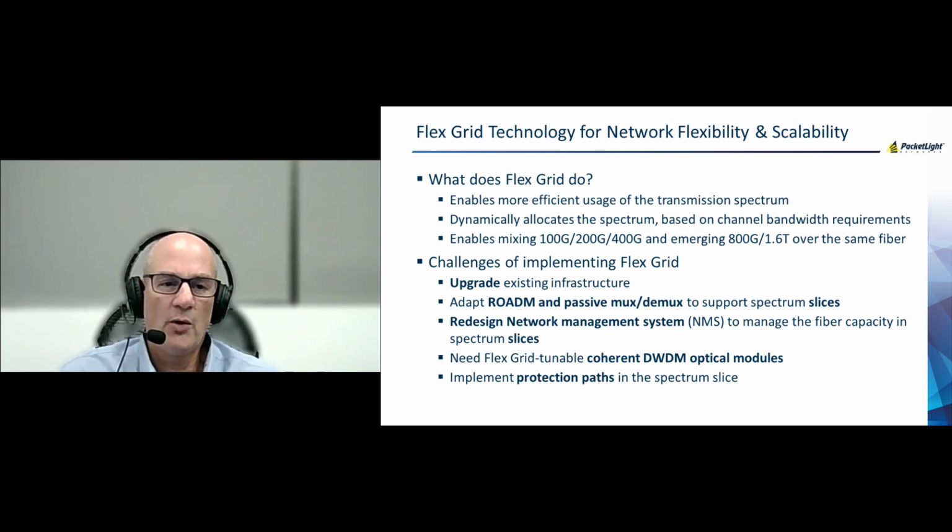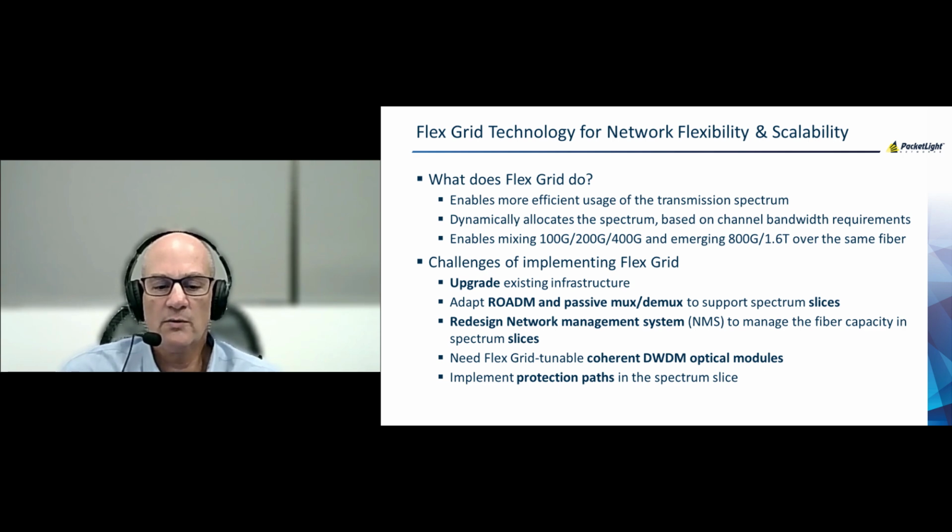I'm now going to go over some technologies which enable us to migrate the current networks, which are sub 800 gig, let's say up to 400 gig, moving forward toward 800 gig, 1.6 tera and beyond. For doing that, there is flex grid technology, which enables us to look at the spectrum of the C-band. The C-band is the spectrum inside a fiber which we use for transmitting DWDM, dense wavelength division multiplexing wavelengths.